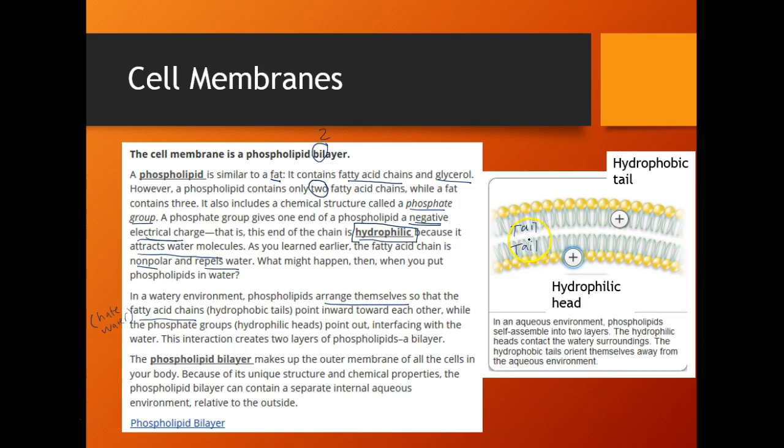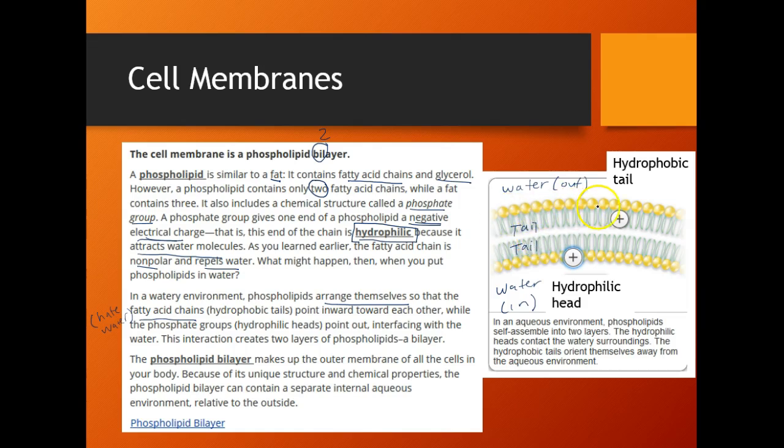They're pointing towards each other. And the reason why is because we have water on the outside of the cell, and we also have water inside of the cell, right? So these tails that hate water do not want to interact with water, so they point inward towards each other.